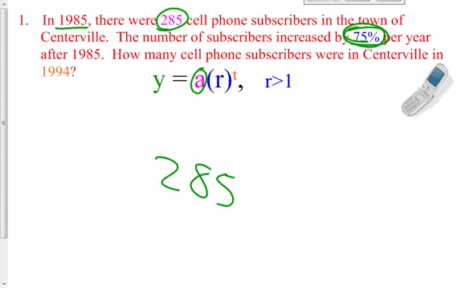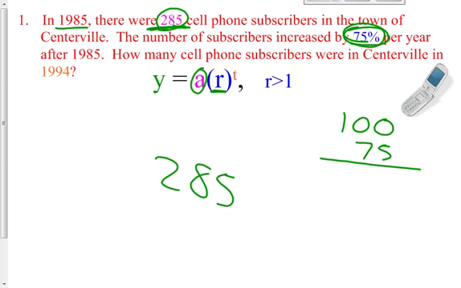100% of the people in 1985, this 285 here, in 1986 they still had a cell phone. In 1987 they still had a cell phone. In 1988 they still had a cell phone. So 100% of the people who had cell phones still had it, and then it grew by 75%. So what is my rate of increase?